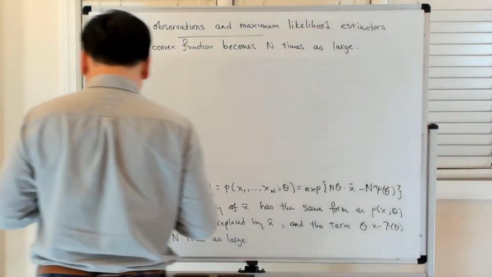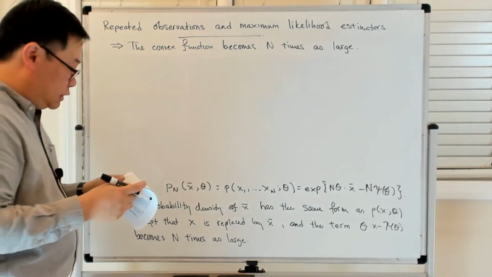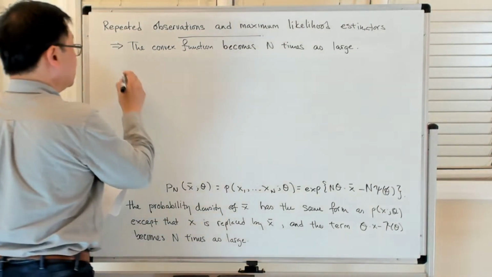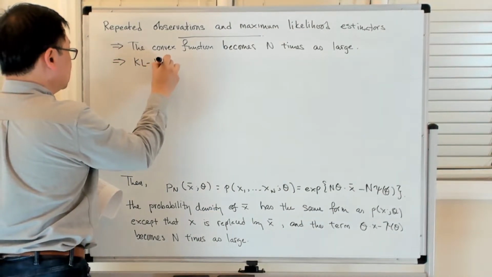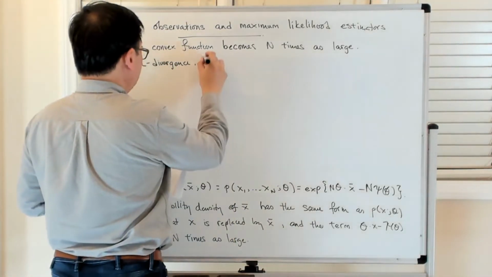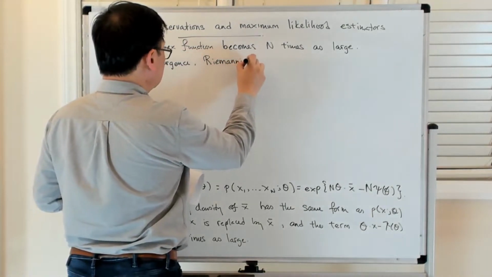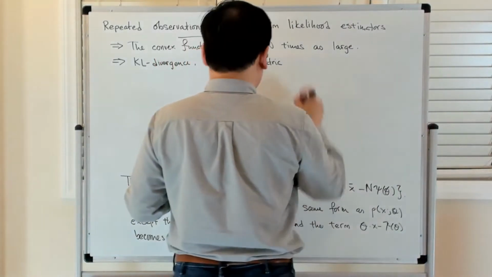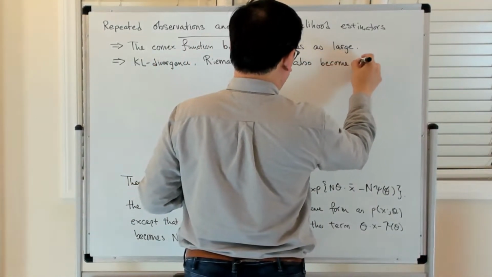As a consequence, things like the KL divergence and the Riemannian metric also become n times larger.